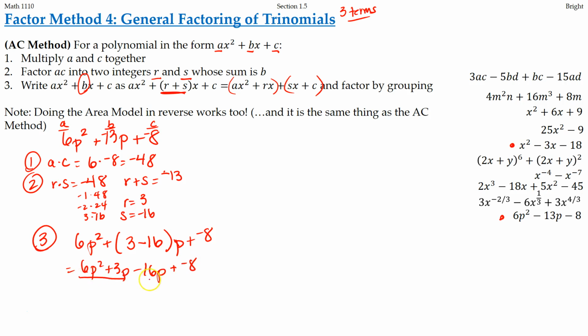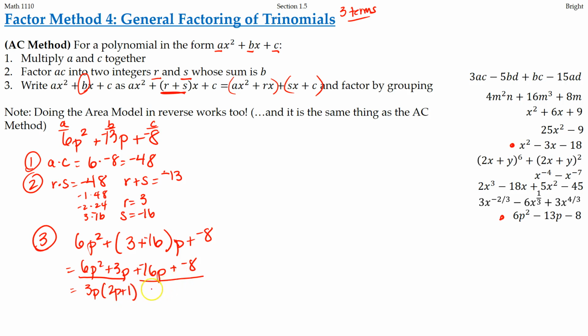I'm going to chunk the first 2 terms and chunk the last 2 terms, and I change the minus 16 to plus the opposite of 16. Now factoring by grouping: pull a 3p out of the first chunk, and I'm left with 2p plus 1.